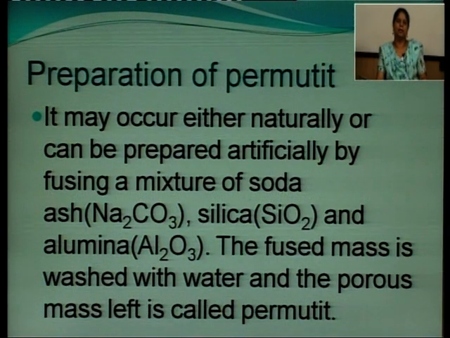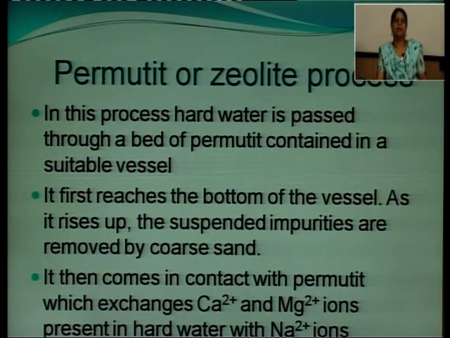Once we have the permutit, in order to purify water, the hard water is passed through the bed of permutit contained in a suitable vessel. Water first reaches the bottom of the vessel, and as it rises up, the suspended impurities are removed by coarse sand. Basically, in the vessel, we have coarse sand at the bottom, and then we have a layer of permutit.